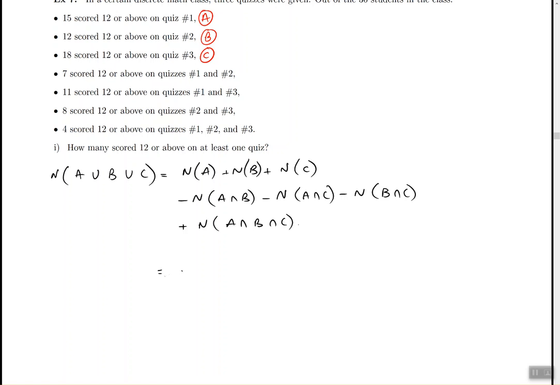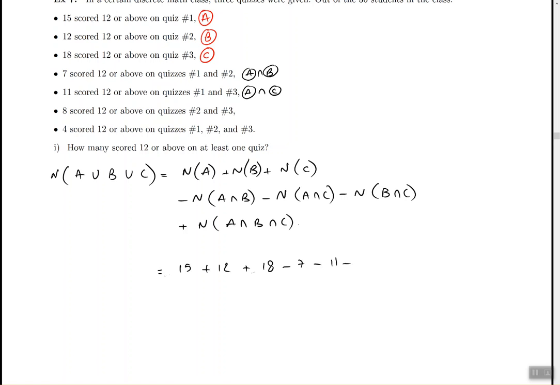So first 15 for A, then 12 for B, then 18 for C. Now we're going to take away the A and B combo. So A and B, that's basically this one, A and B. Okay, so that's this, which is 7. Then we're going to take away A and C, so that's 1 and 3, A and C. And that's going to be 11, minus 11.